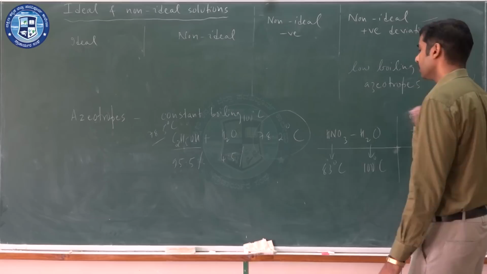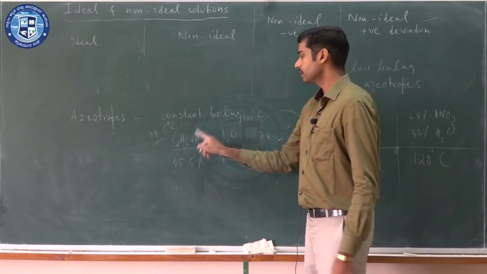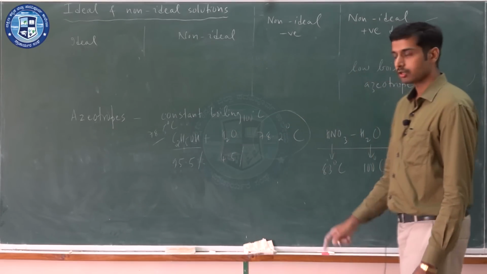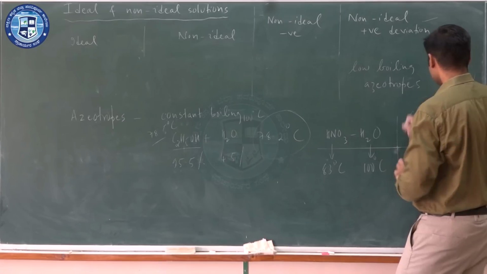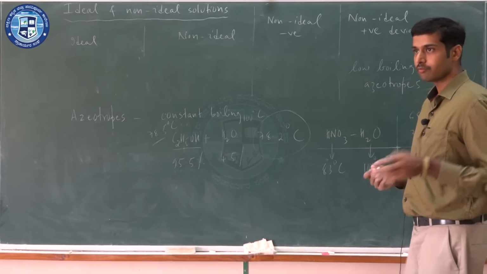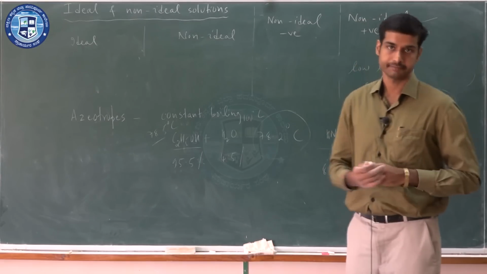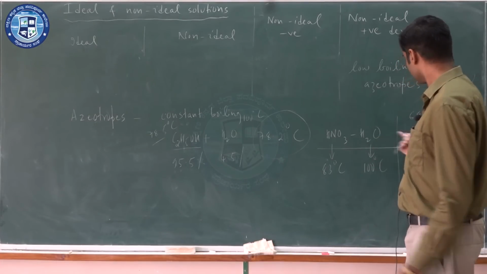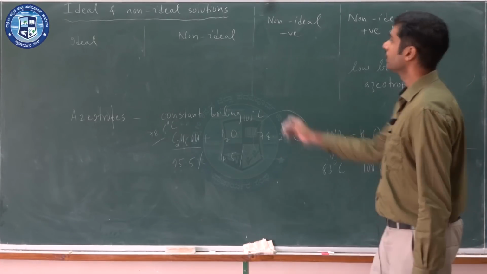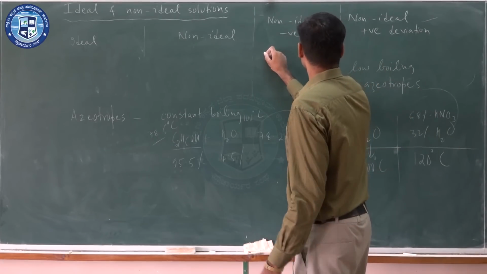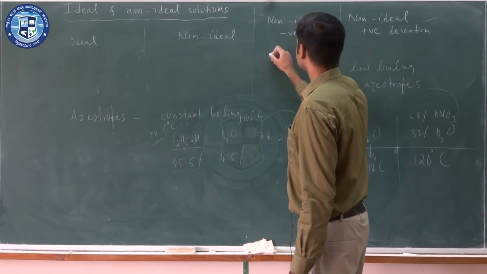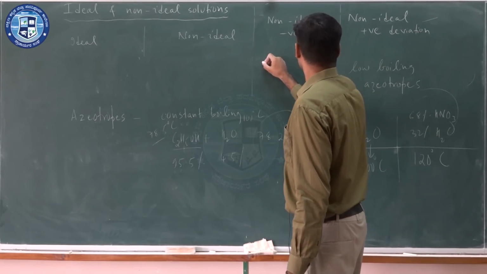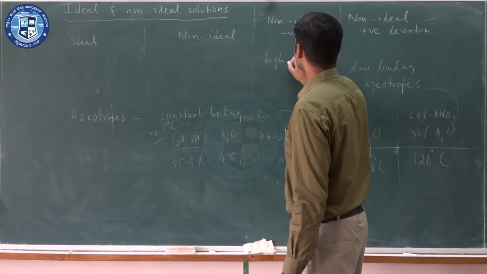So, just like 95.5% ethyl alcohol and 4.5% water forms an azeotrope, this mixture also will form an azeotrope. And what is the boiling point of this mixture? It is higher than that of individual nitric acid or of water, and therefore, what I understand is this particular mixture will form high boiling azeotropes.